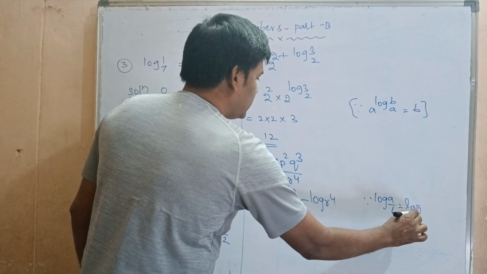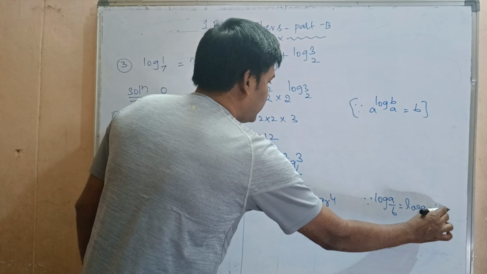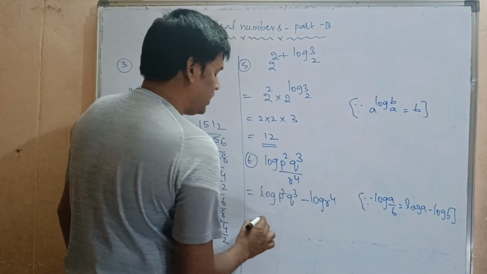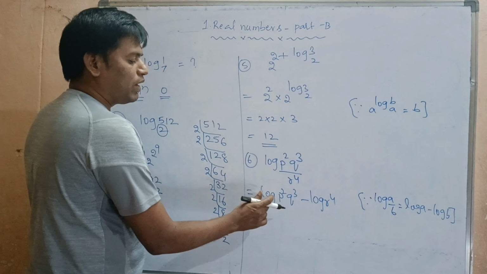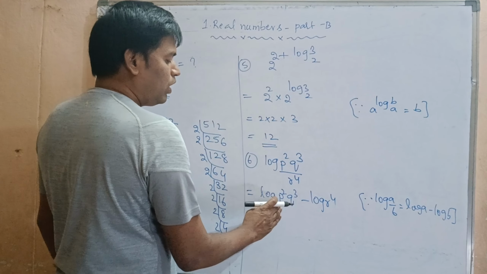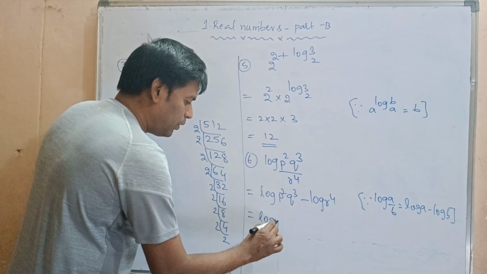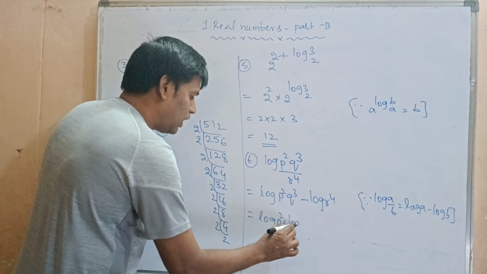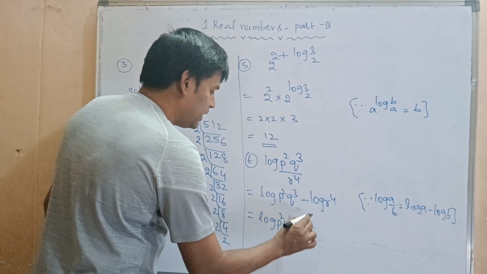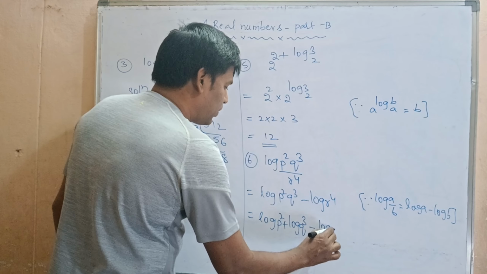Log a by b is equal to log a minus log b. Then log ab is equal to log a plus log b, so I am taking this as log p square plus log q cube minus log r power of 4.